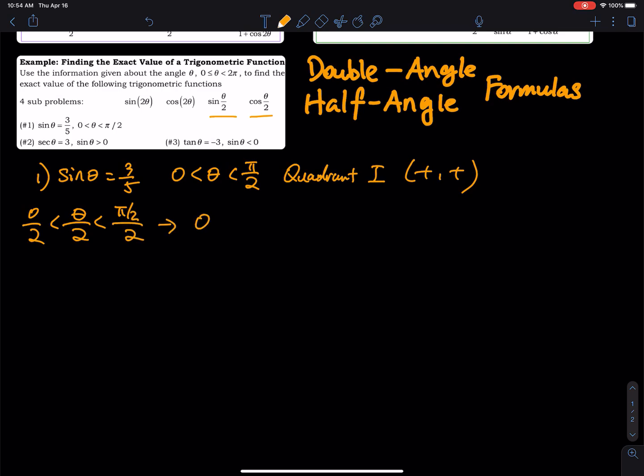What do you get? You have 0, half theta, and then pi over 4. So between 0 and pi over 4, that is 0 degrees and 45 degrees, the half theta is in quadrant 1, where x and y are both positive.